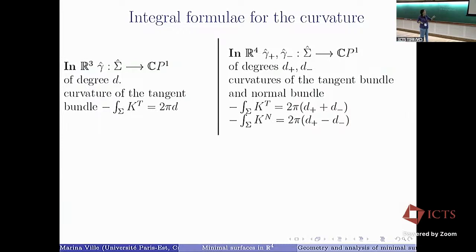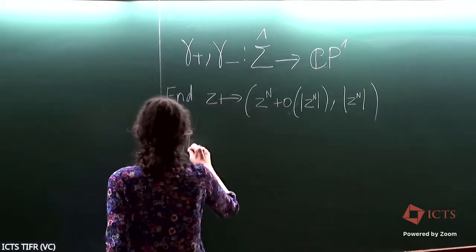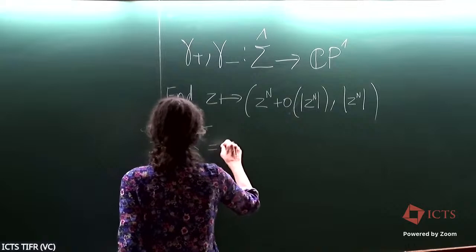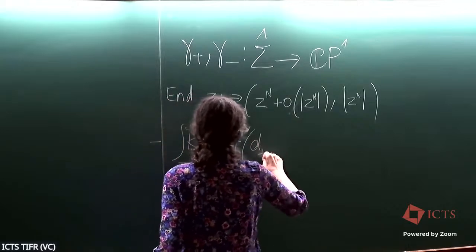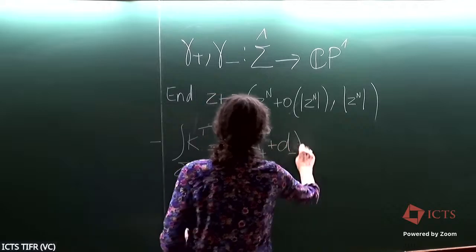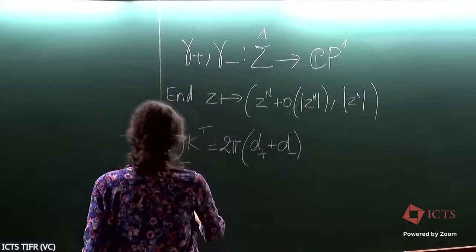And so we have two degrees, and they give us these two formulae, the exact analog of what happens for R^3.